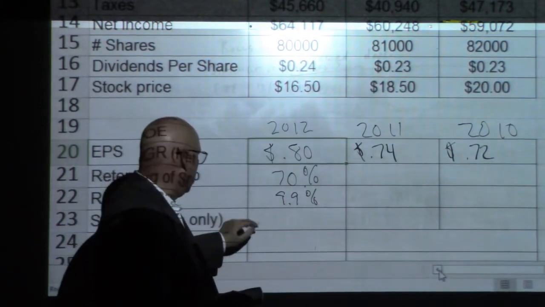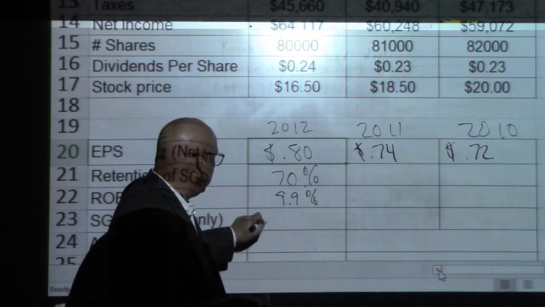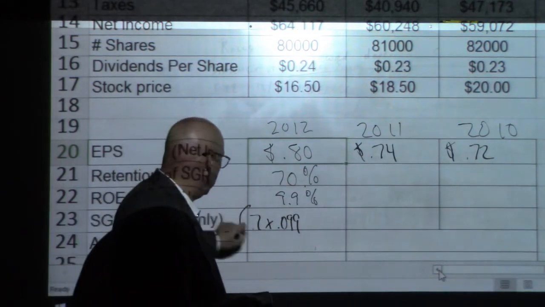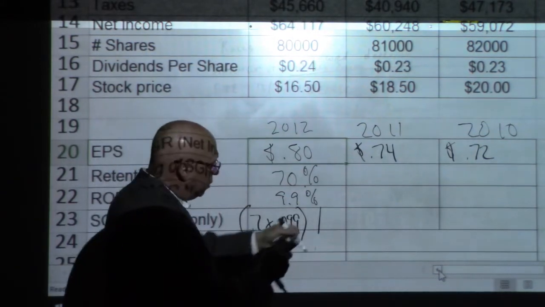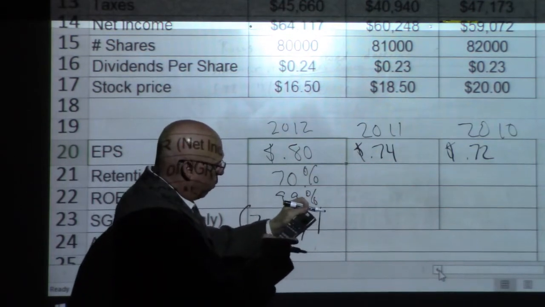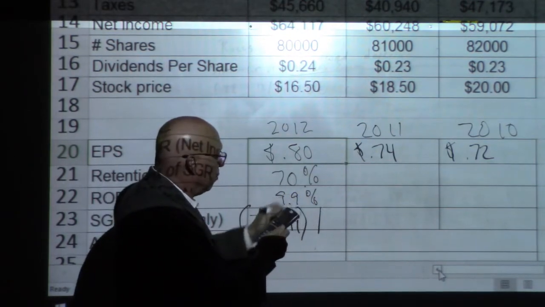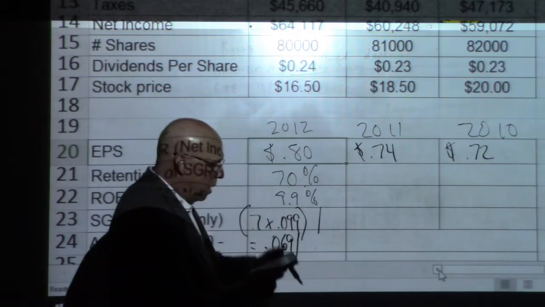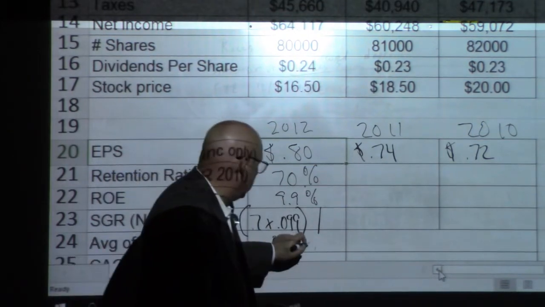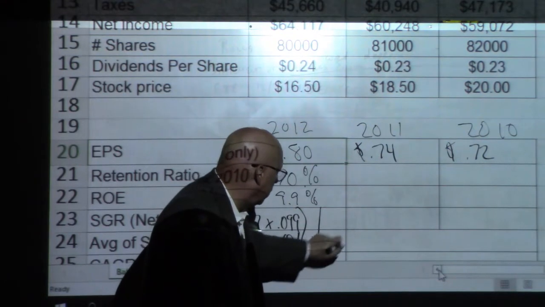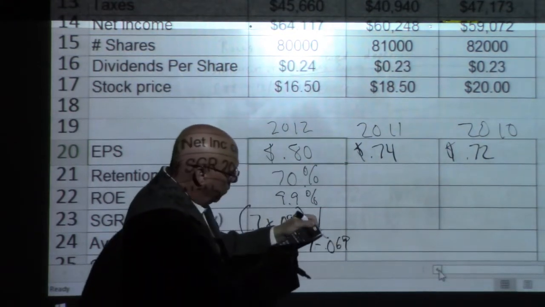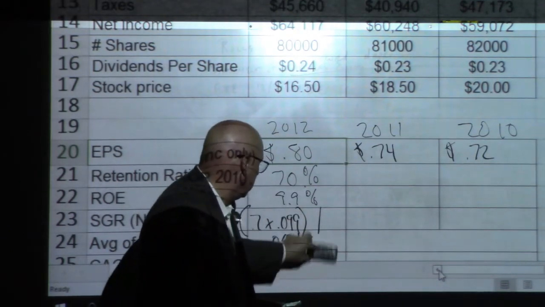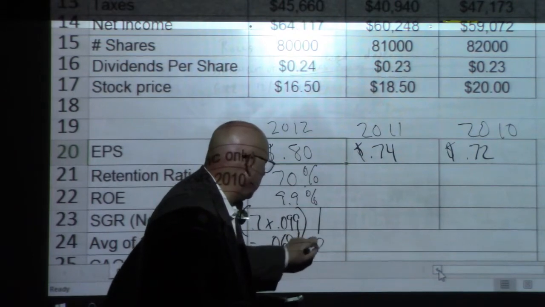And so we've got retention rate 0.7 times 0.099, retention rate times return on equity, divided by, and let's find that one, 0.7 times 0.099 is 0.069, divided by 1 minus 0.069. So 1 minus 0.069 is 0.93.